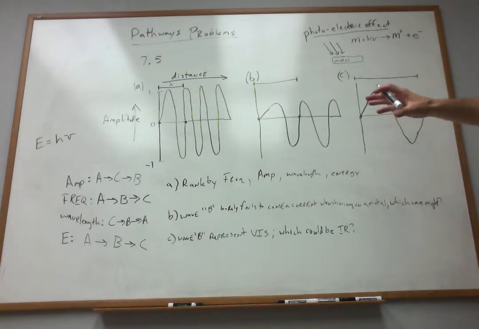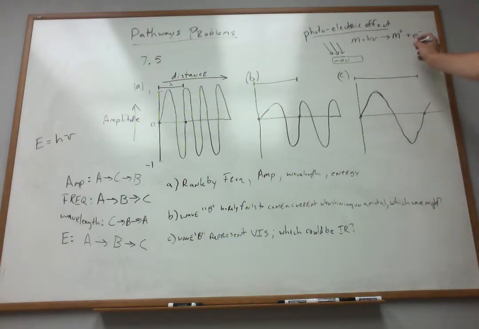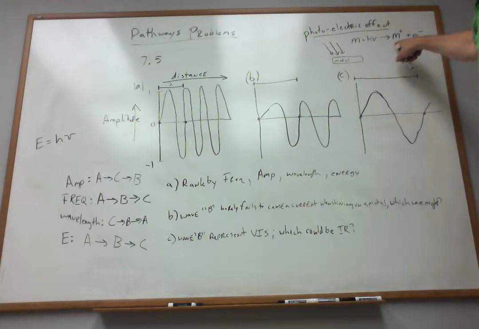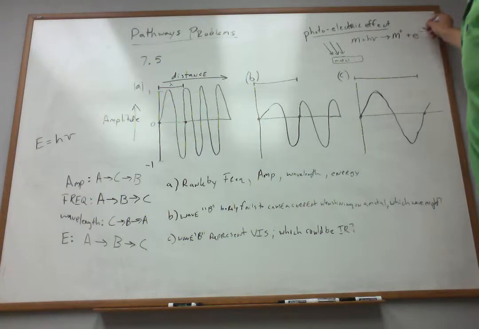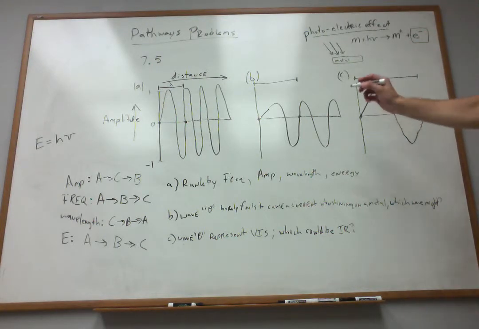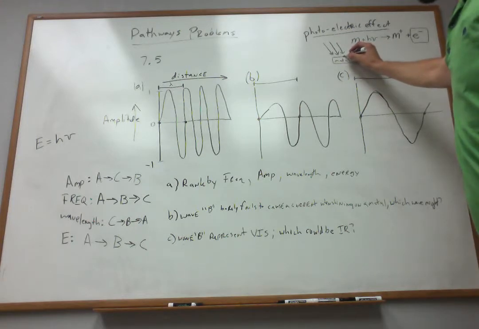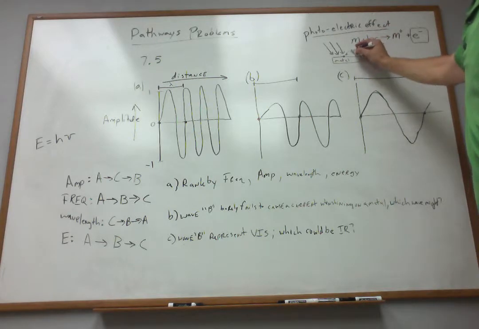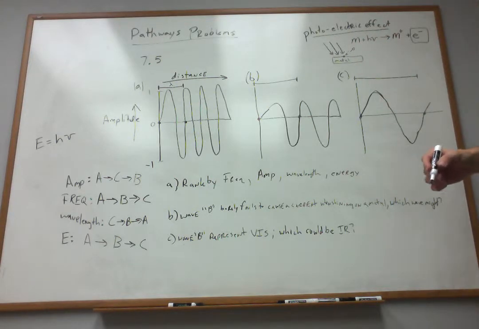And under some circumstances, the atom of the metal can become a positive ion and release an electron. Okay? So the metal atom on the surface can become ionized to M+, and an electron can be released from the metal surface. All right? And this is called the photoelectric effect.